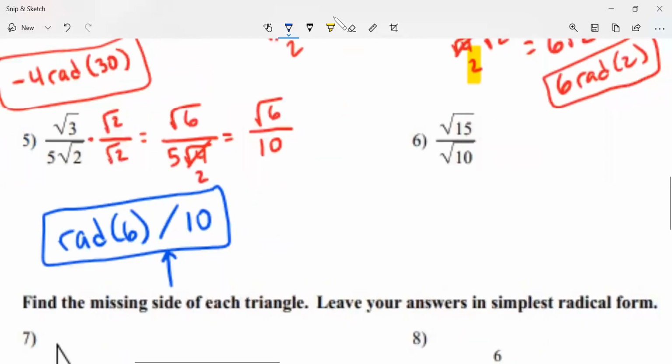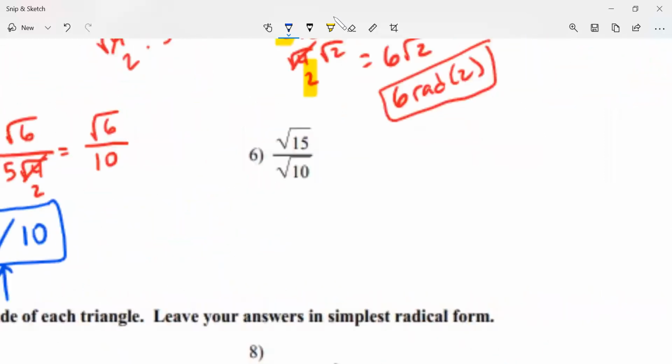Let's take a look at number 6. One thing we can simplify: if I had a fraction of whole numbers, 15 over 10, we could simplify that a little, right? 15 over 10, divide each by 5, becomes 3 over 2. The same thing happens with radicals.